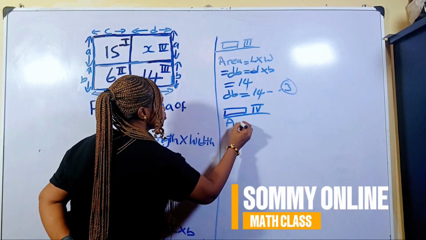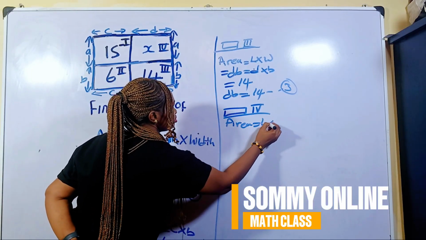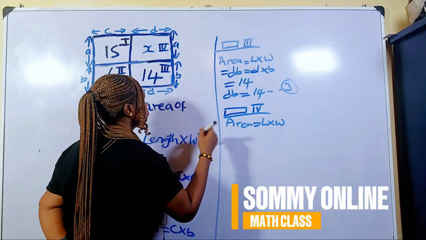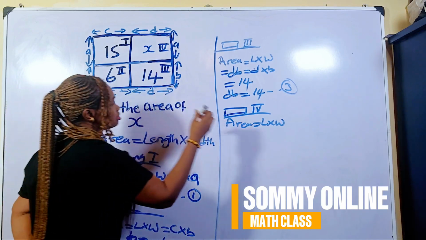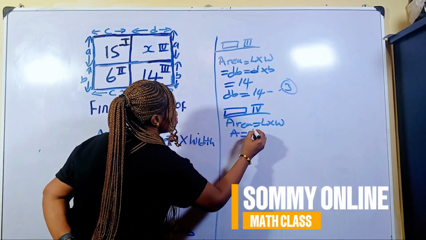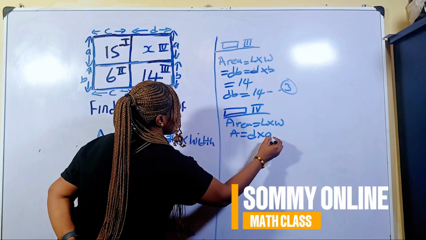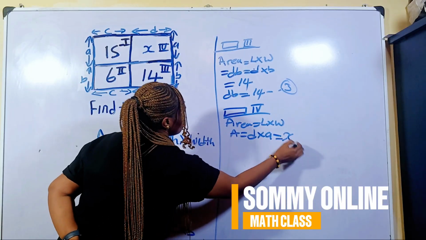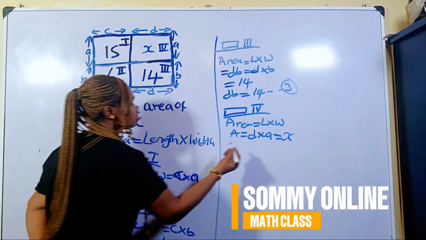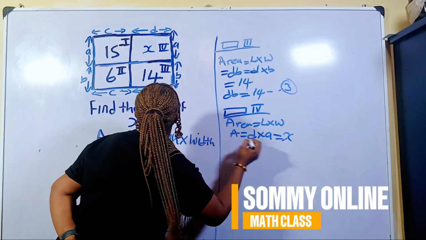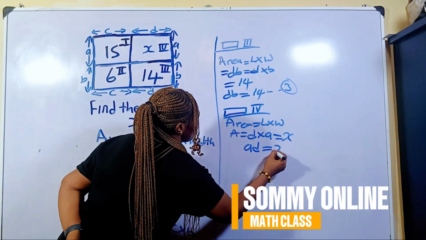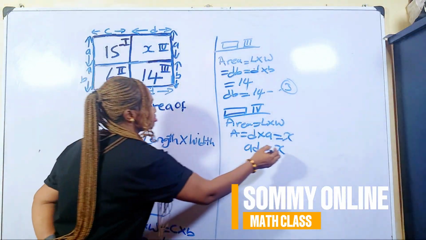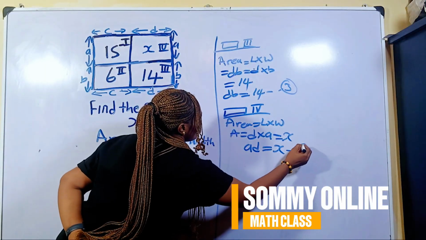The area, which we said is length multiplies width, is the same thing as D multiplied by A, which equals S. Therefore, AD equals S. Let's call this equation 4.